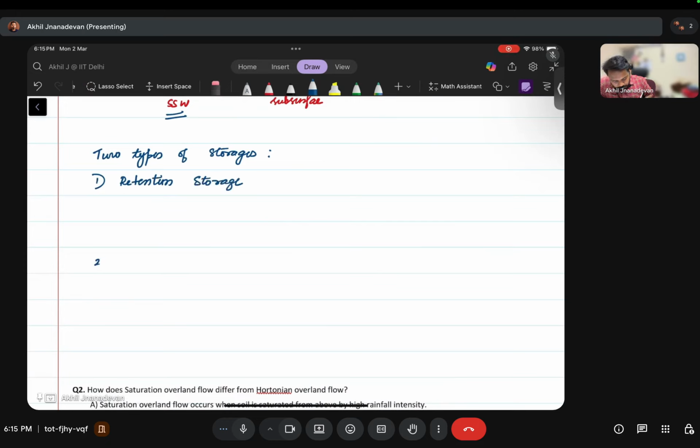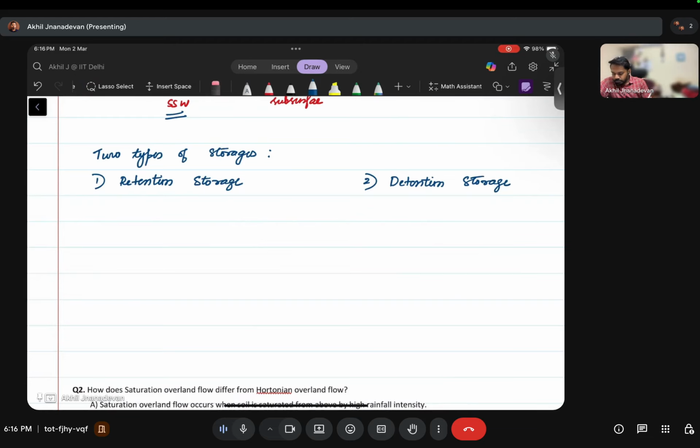The second is the detention storage. So the two types of storages in surface water are retention storage and detention storage.